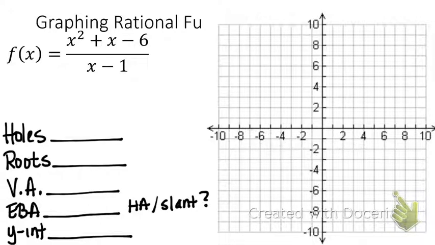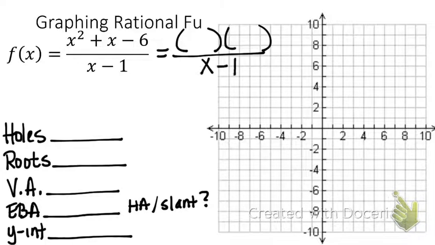Okay, so let's go ahead and factor the numerator, because anytime you see a quadratic, we should factor. So go ahead and factor that down. Find your 2 numbers that multiply to be -6, but add to +1. So 2 numbers that multiply to give you -6 and add to +1.